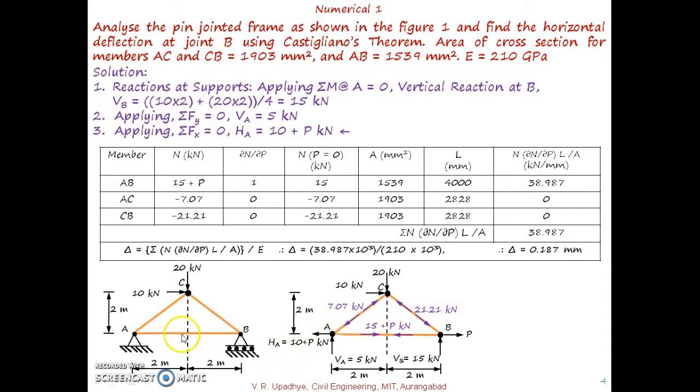So if we initially consider joint A, and by method of joints we go for analysis of internal member forces, and say we apply summation Fy equal to 0 at joint A, then the member force in member AC can be calculated, and that will be like FAC sine of 45.